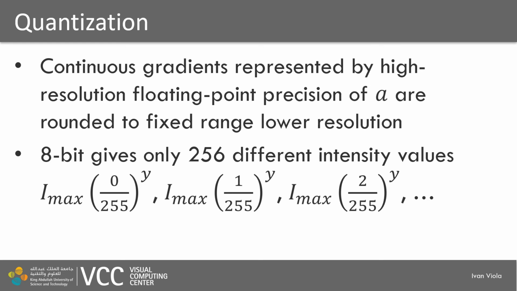We can see here that the quantization goes into only 256 different intensity values, which is really the maximal intensity divided by the darkness powered by the gamma, and the same holds for all other intensity values which are possible to achieve with that display hardware.